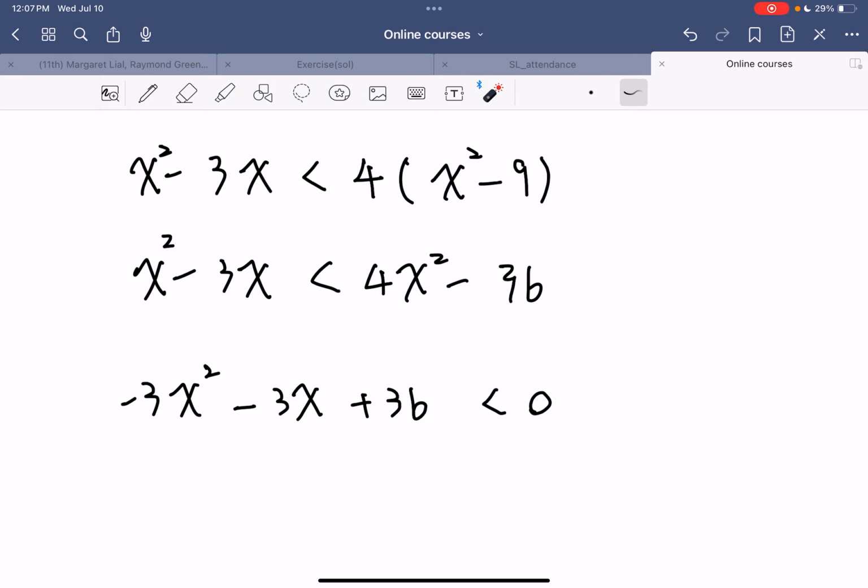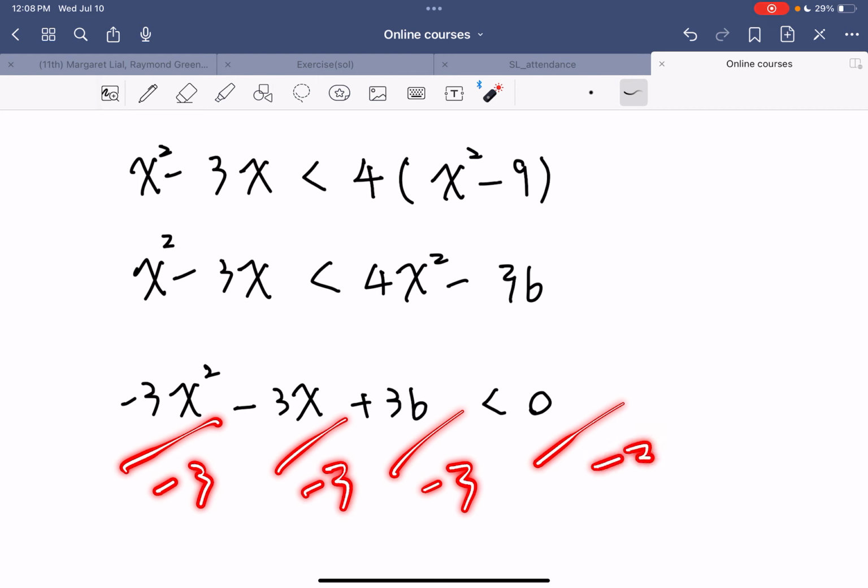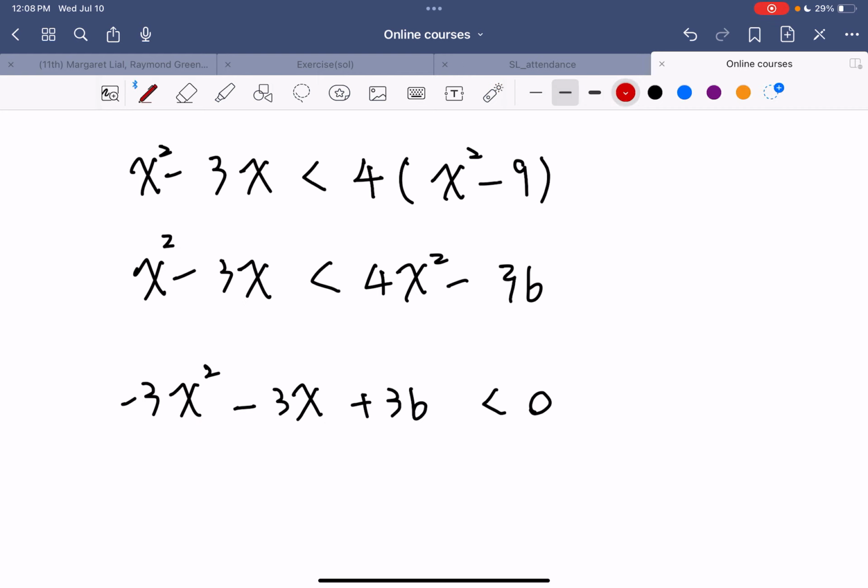So at the same time I want the coefficient of x squared not be negative, so I will divide each part with -3.